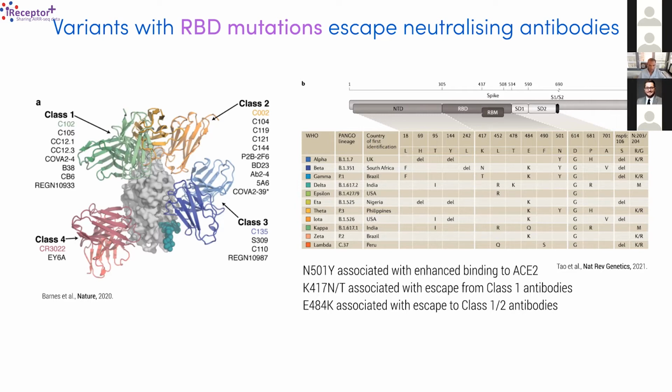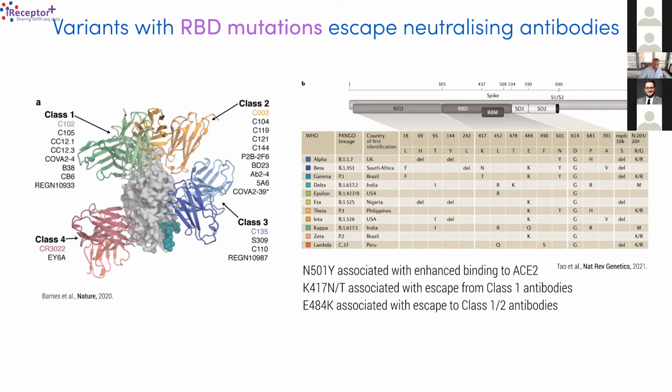Class 2 antibodies, which also engage directly with the ACE2 interface, are shown here. And you can see that they overlap a little bit with the epitope of class 1.